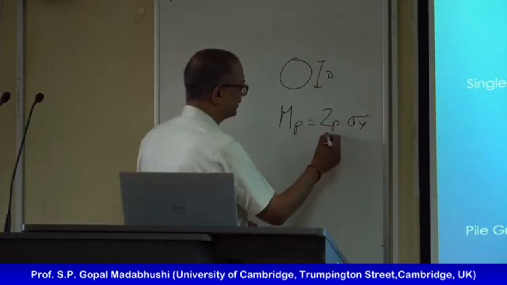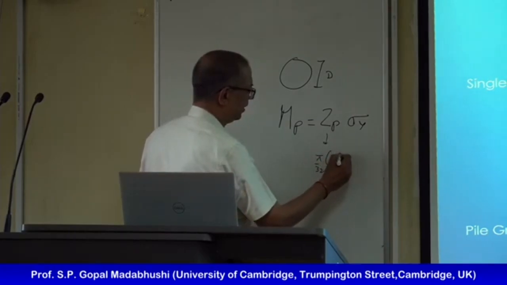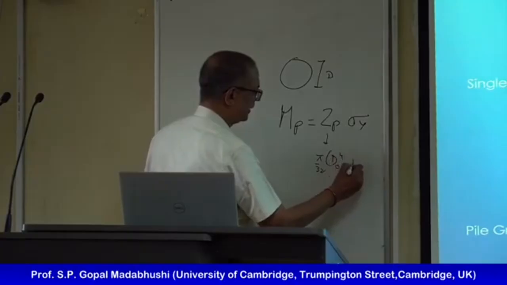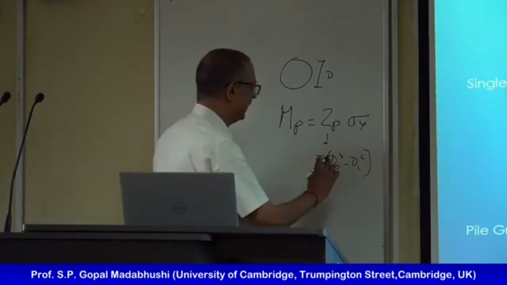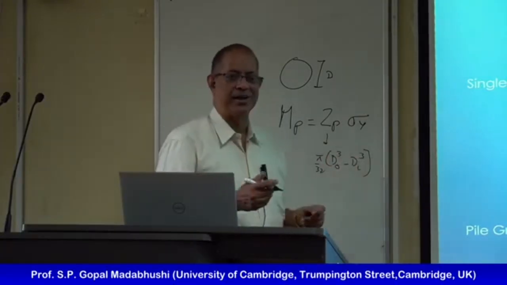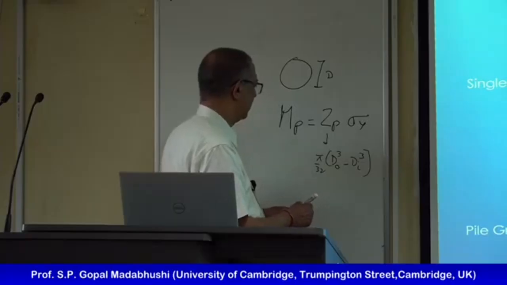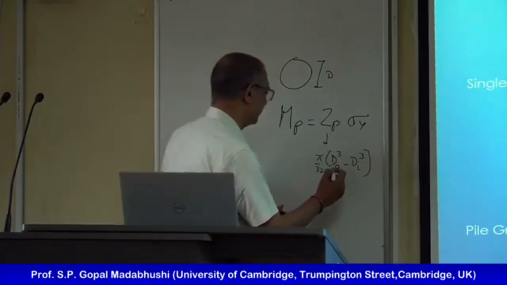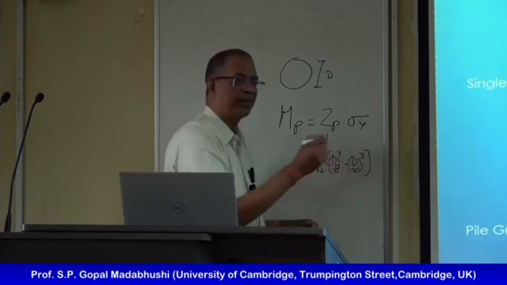And for circular section, ZP is pi by 32, I think, D cubed. Anyhow, any structural data book will give you that, or you can Google it. Whatever the equation, you can find the right one.